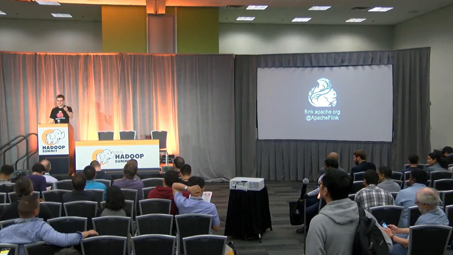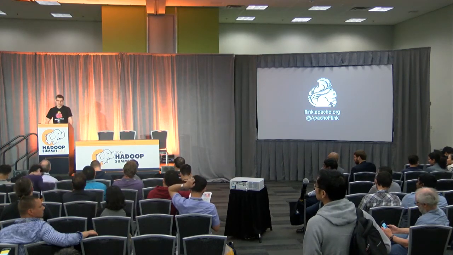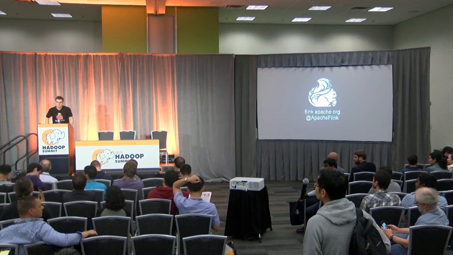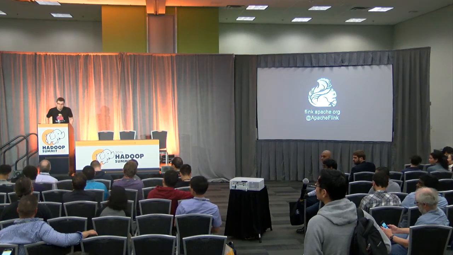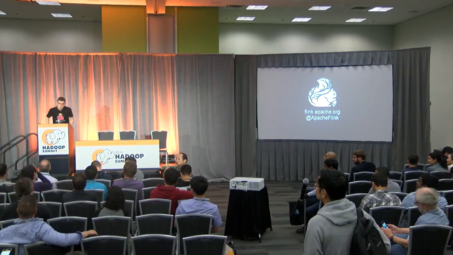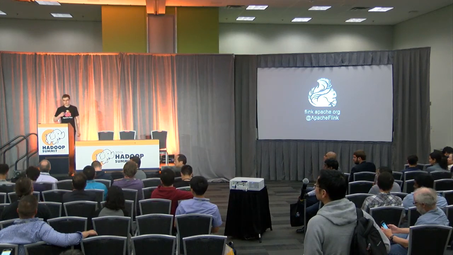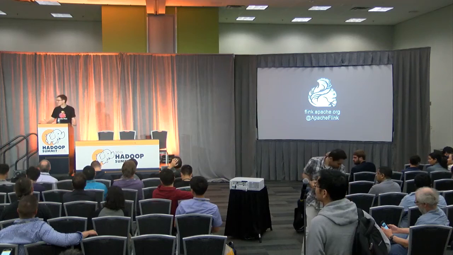Could you speak to the maturity of the Python bindings, and are you planning on supporting CPython or just Python? The question is how we support Python. I'm not 100% sure how the implementation exactly works, but Flink has a Python API for batch.